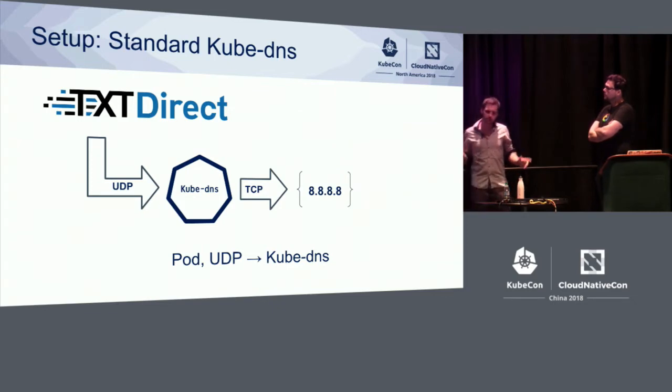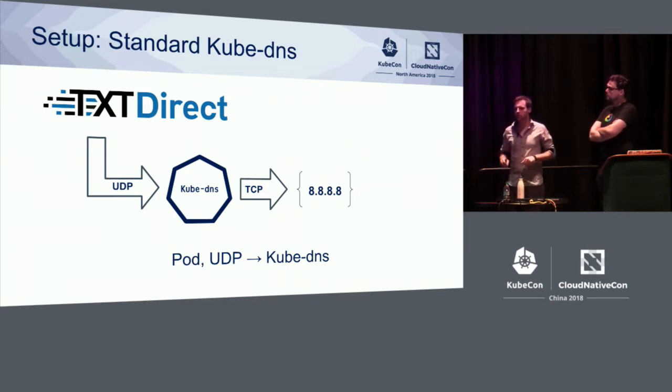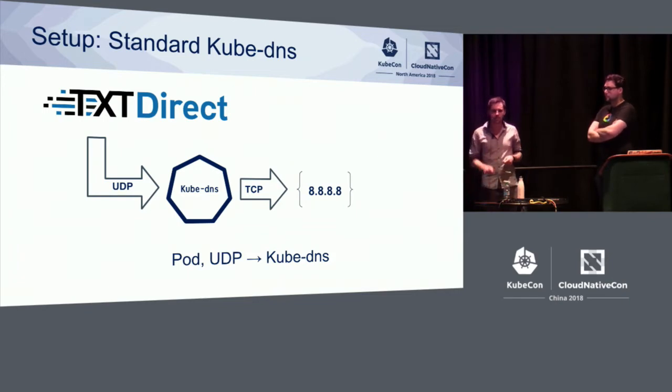So what happened before with Kube-DNS: the application would send a UDP request over the wire, so it might run into packet drops, to Kube-DNS, which then does a request to the upstream DNS server. In our case, we just use the Google public one, but usually it depends on your cloud provider.